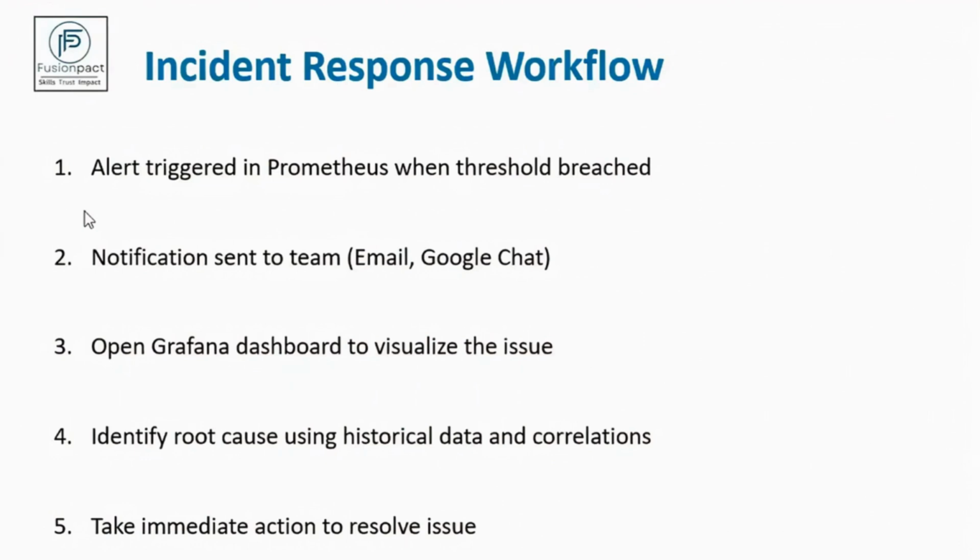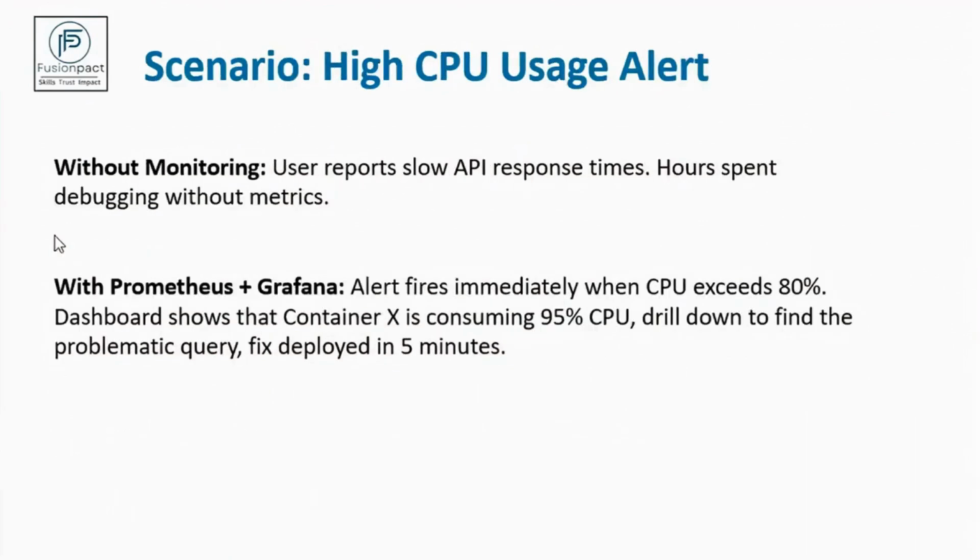After finding out which server we are getting the alerts from, we go to that server, optimize the process, find the root cause of why this alert was triggered, and we can resolve it. We can take action to resolve that issue immediately.